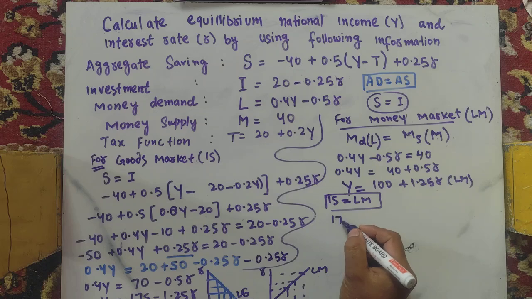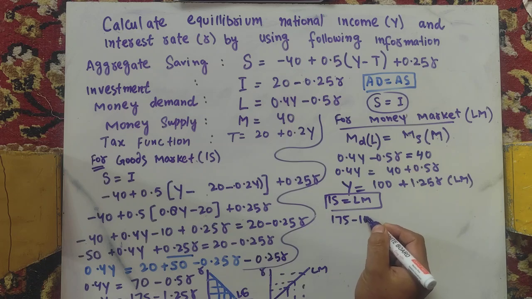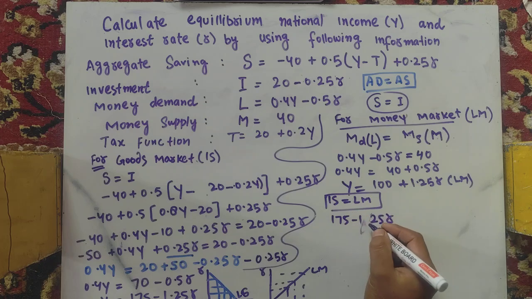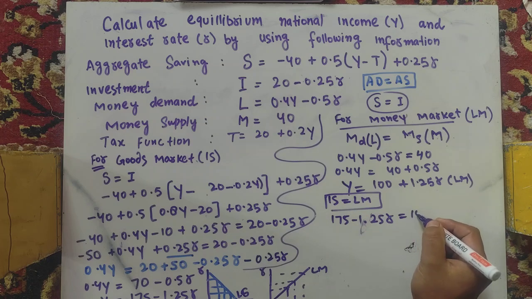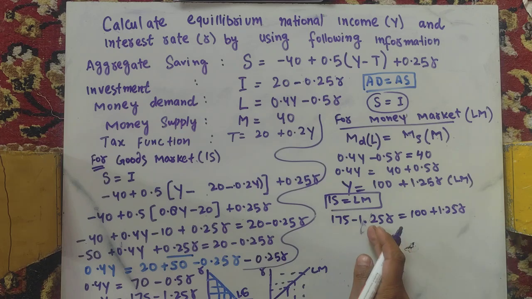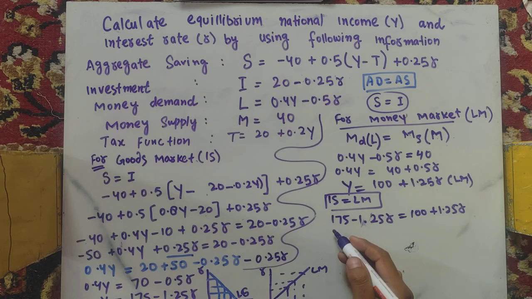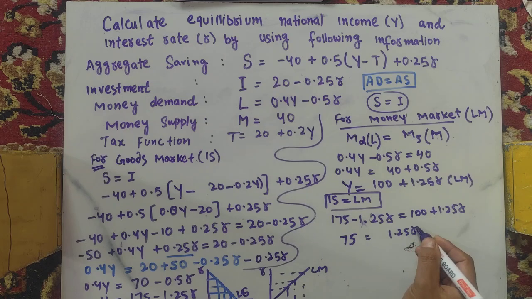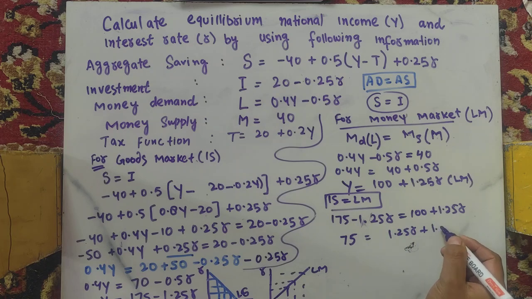So we have 175 minus 1.25 r should be equal to 100 plus 1.25 r. Transposing, 175 becomes 75, so 75 is equal to 1.25 r transposed here.